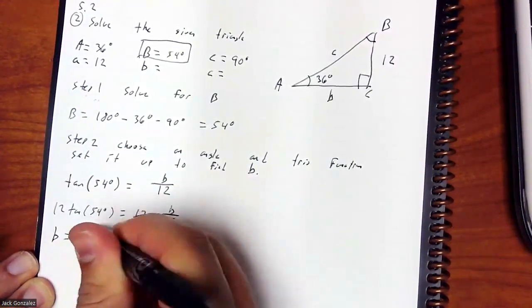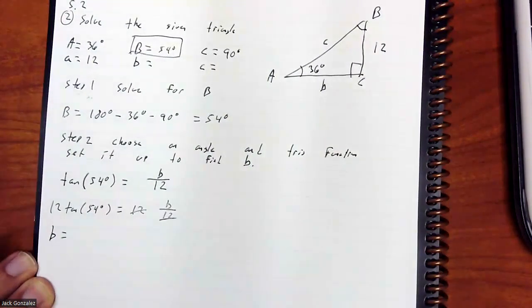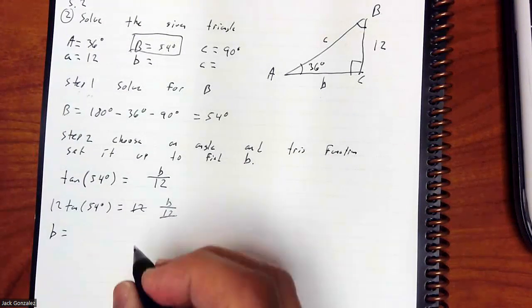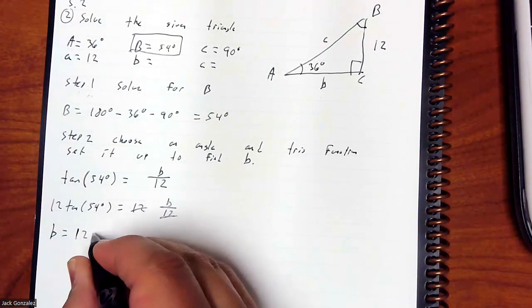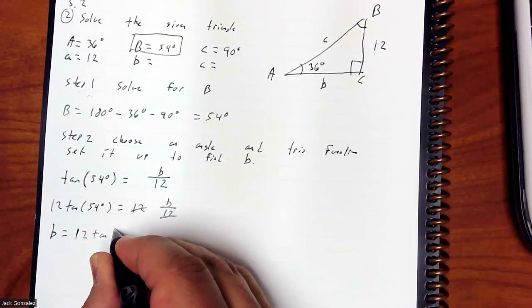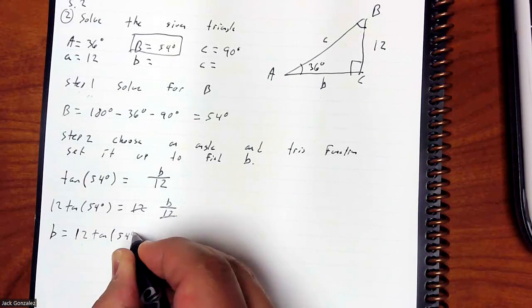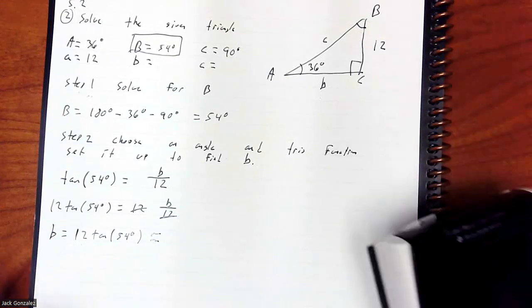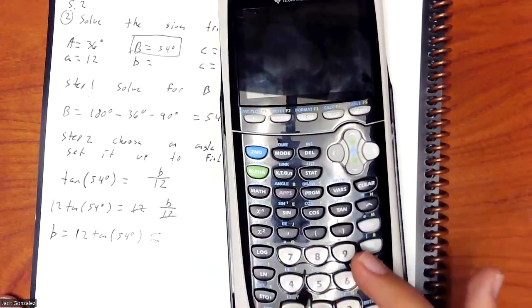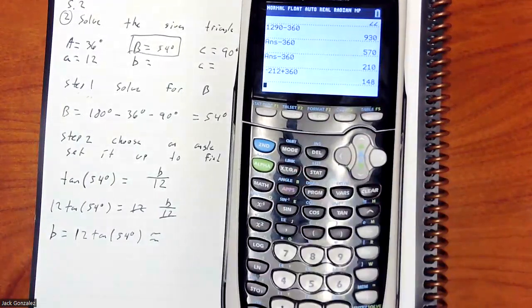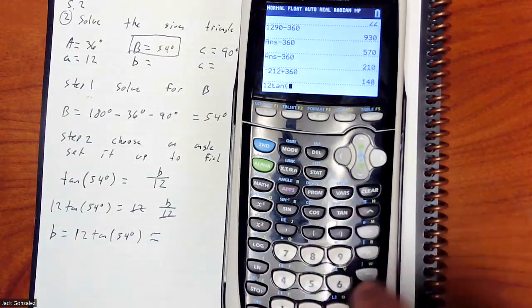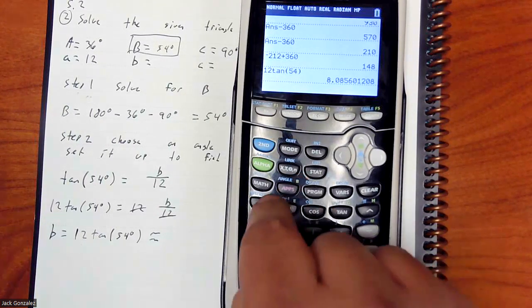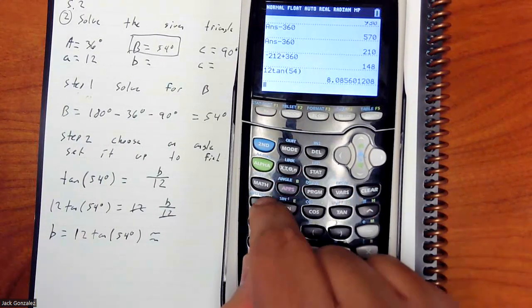What is that? 54 is not an exact angle, right? Not on the circle. So 12, tan, 54. Am I in degrees? I don't know.